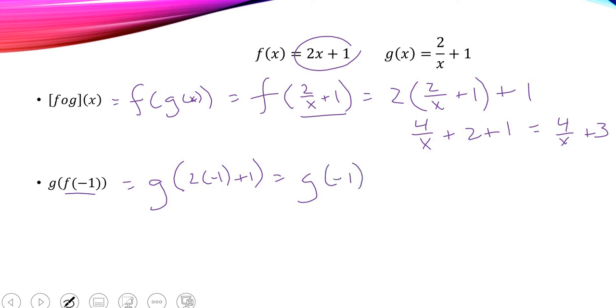So I'm really looking for g of negative 1, which is 2 over negative 1 plus 1, or negative 2 plus 1, which is negative 1. So we've done a little bit of work here with composites, plugging one function into another. The first time with all x values and getting a new function. The second time with evaluating f at a particular value and then using that value for my input to g.